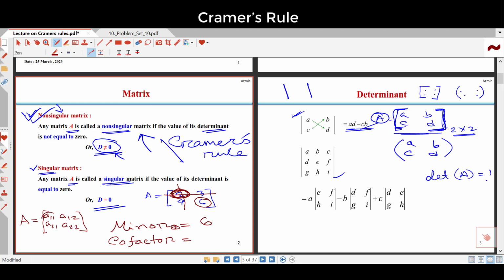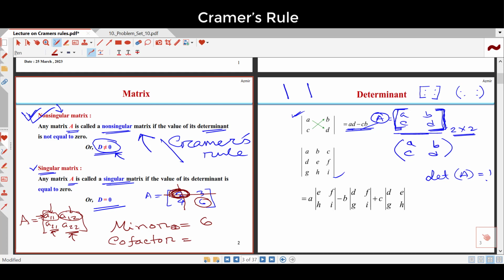This is the entry whose position is in the first row, first column. This is the entry whose position is in the first row, second column. Similarly here, the entry is at the position second row, first column. And this entry is at the position second row, second column.